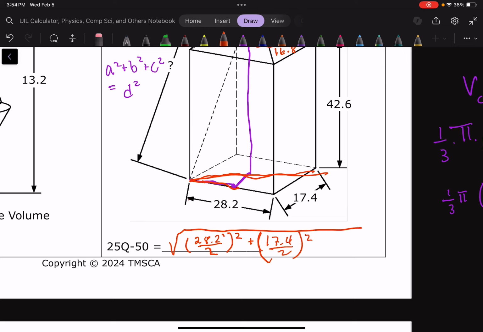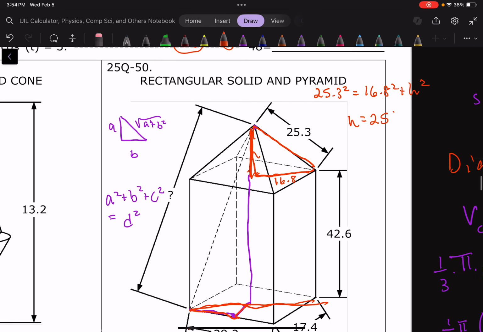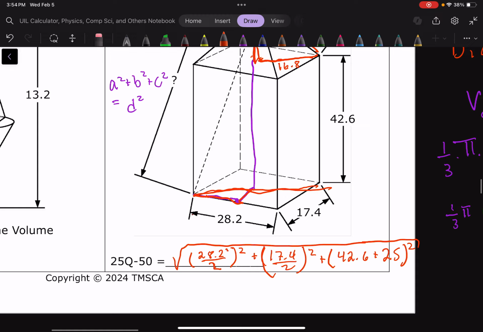Because we're going here and then here, plus the 42.6. And to that 42.6, we're going to add that height of the pyramid right here, which we found out to be 25. And then you square each of those numbers, you add them, and then you square root them, and there's your answer. Alrighty, folks, thank you for that one.